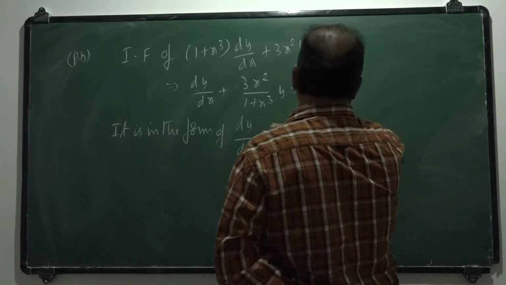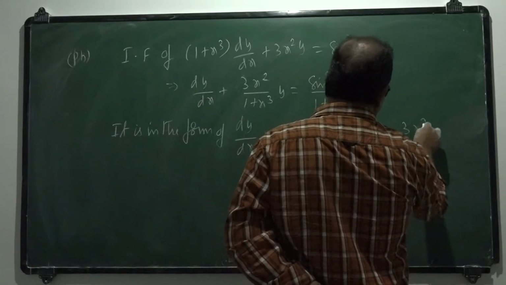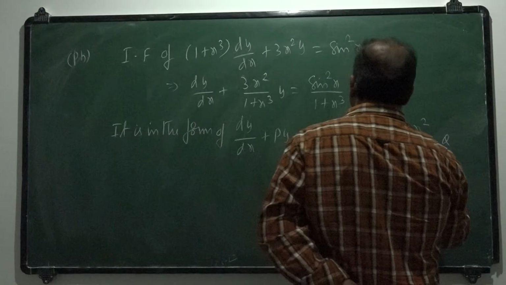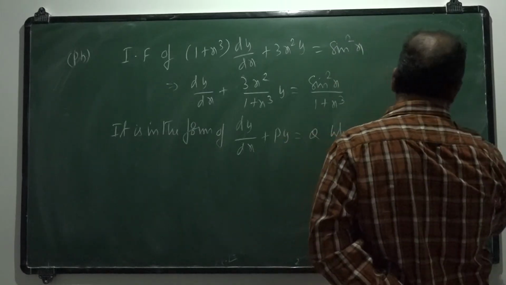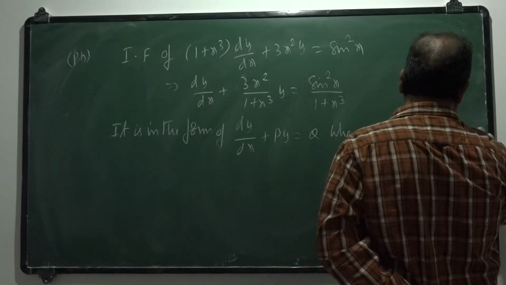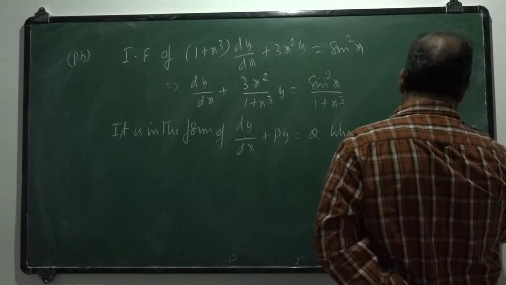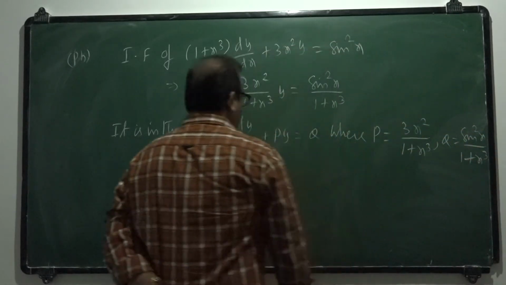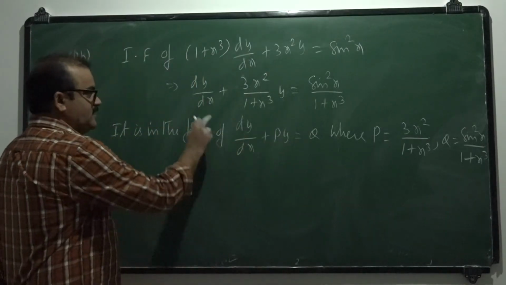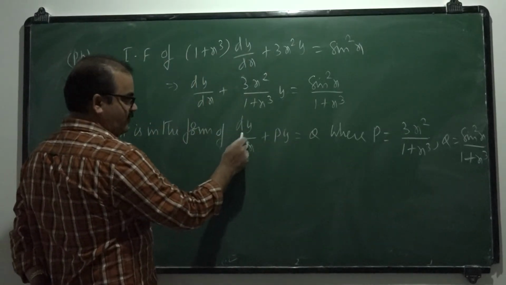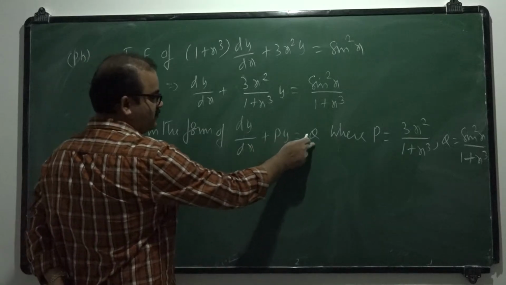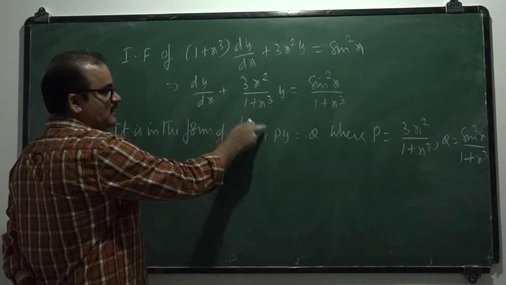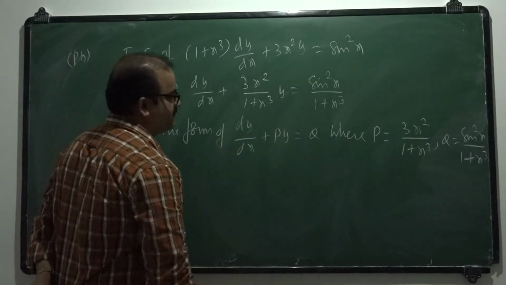What is the coefficient of y? 3x square by 1 plus x cube. What is q? Sine square x by 1 plus x cube. If the given equation is in the form of dy by dx plus p into y is equal to q, then this equation is said to be a linear equation in y.